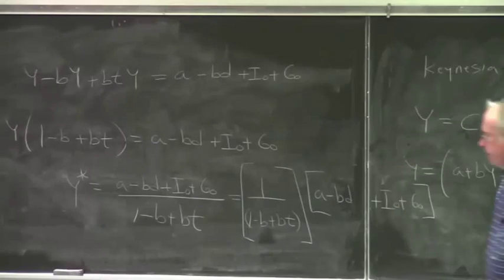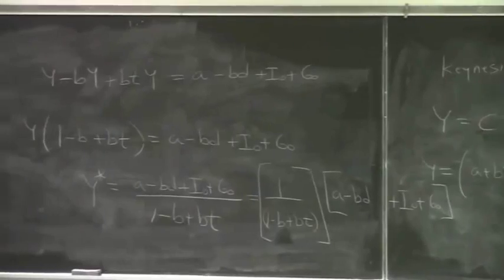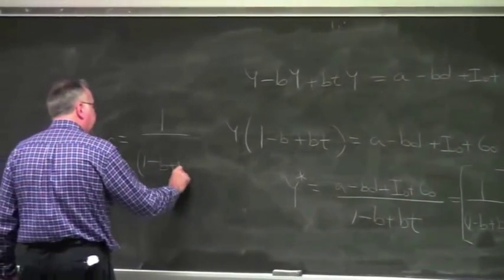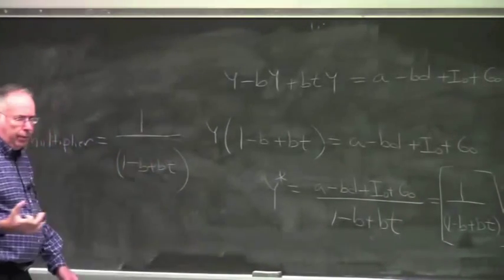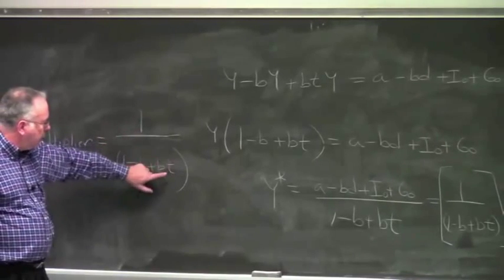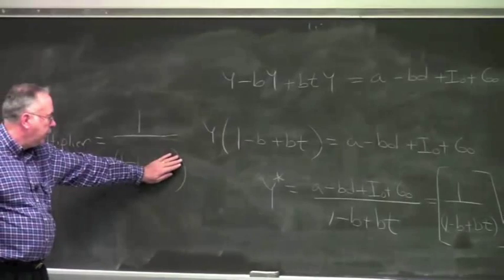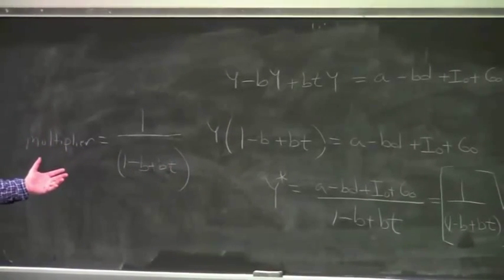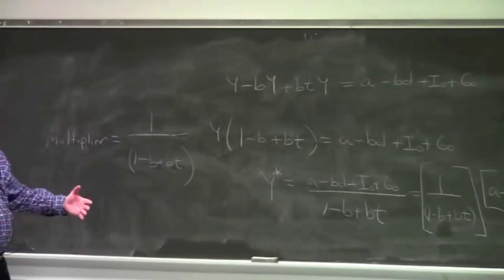Heather. 1 over 1 minus B plus BT. Notice in the simpler model, the multiplier is just 1 over 1 minus B because there was no tax rate. In other words, the tax rate was 0. So this term wasn't there before. So now, what's the effect of this, introducing taxes into the model, is to lower the value of the multiplier.